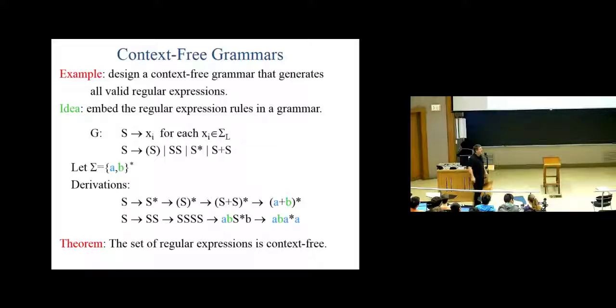Yeah. Why do the star and the plus and the parentheses have to be in the language if they're already accounted for in our production? Well, so it's regular expressions over the alphabet sigma, but technically the alphabet of this language must have these characters in it.